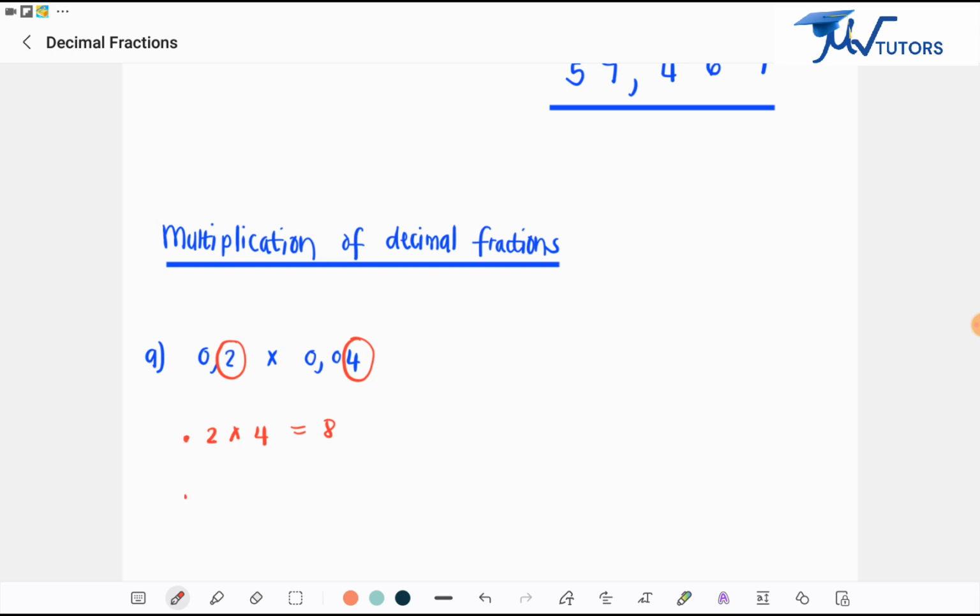Then the second step, I'm going to count, all right, from each number. So 0,2, after the decimal comma, how many places are there? Okay, so after this decimal comma, there's only one place. So I'm just going to say 1. And then after the decimal comma here, there are 2 places. So I'm basically going to add with 2. And then I have 3.